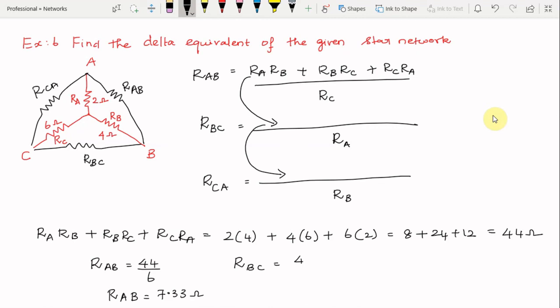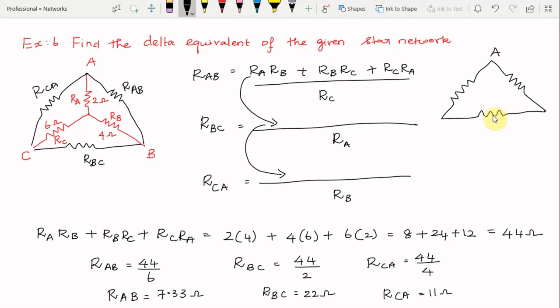And RBC is equal to 44 divided by RA. RA is 2 ohms. Therefore we will get RBC is equal to 22 ohms, and RCA is equal to 44 divided by 4 ohms. So we will get RCA is equal to 11 ohms. So this is the delta equivalent of the given star network.